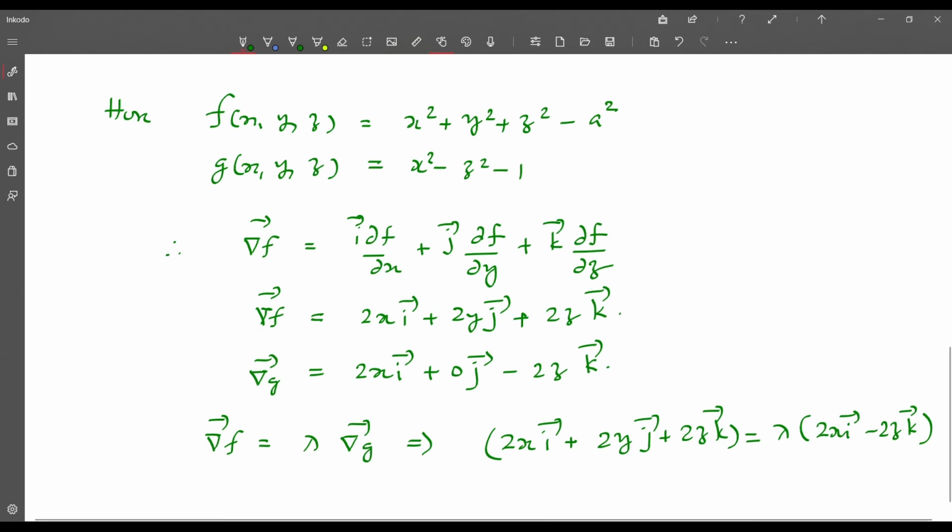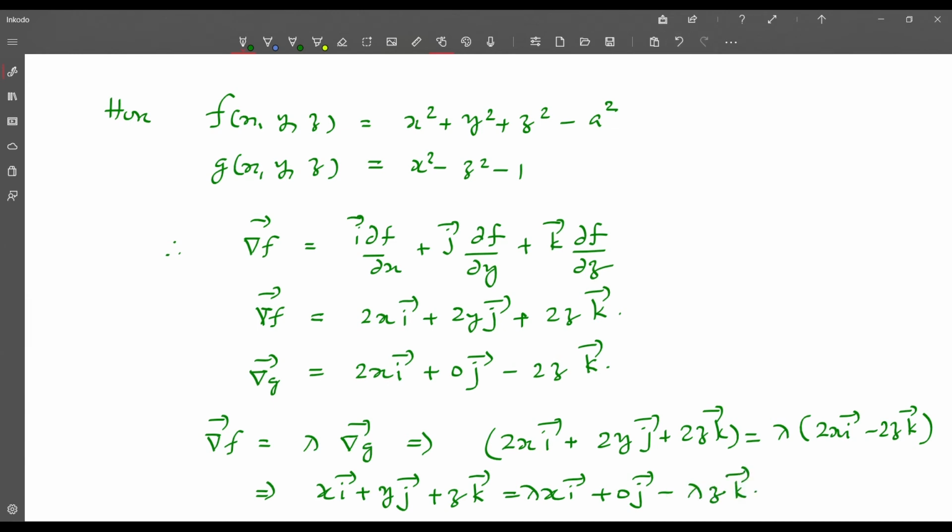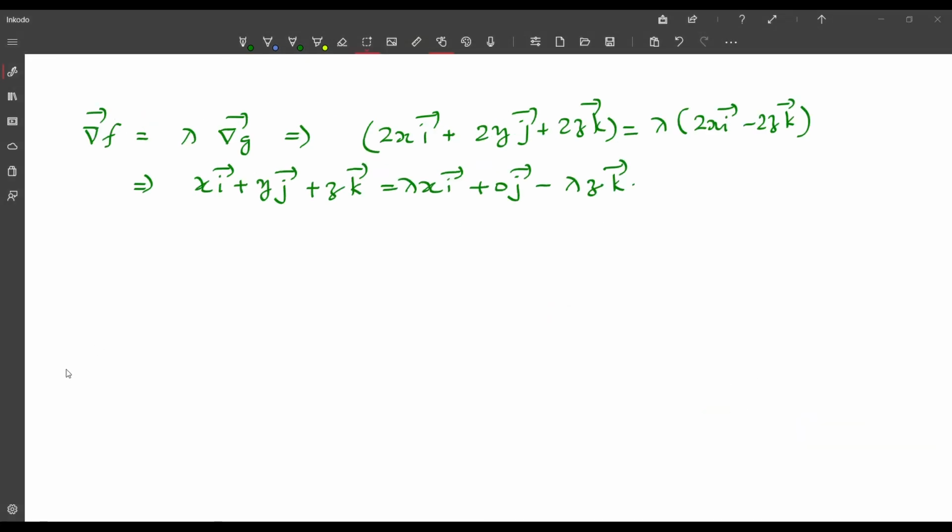So this implies x i plus y j plus z k is equal to lambda x i plus 0 j minus lambda z k. Now we solve for lambda, x, y and z. This implies x is equal to lambda x, y equal to 0, z equal to minus lambda z.